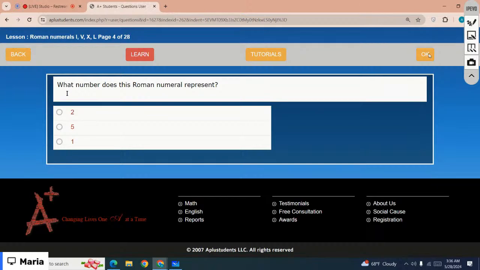What number does the Roman numeral represent? Which is the correct option? One it is. The correct option is 1.